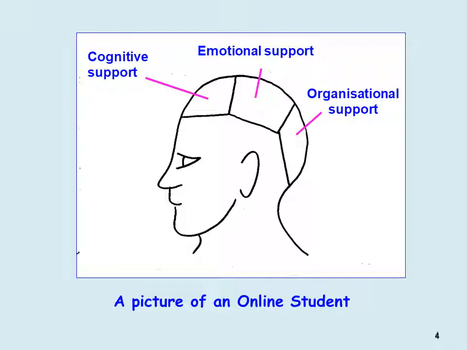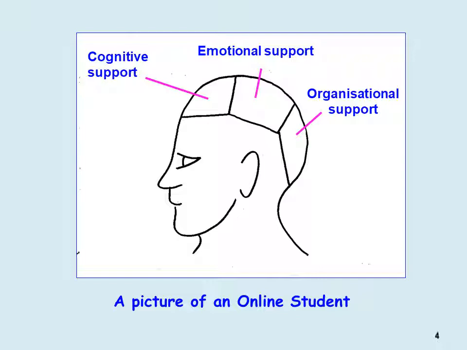But I still find it a useful reminder that you have to work with distant students holistically, that is, as complete people. Because of the comparative isolation of distant students, you may well find that you need to support them not just cognitively by teaching, but to varying extents emotionally and organizationally as well. It's not just a question of teaching.